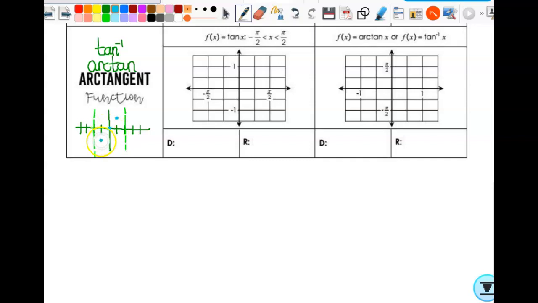Negative pi fourths, I'm at negative 1. 3 pi fourths, I'm at negative 1. Pi, I'm at 1. So here's my parent function here. Enough of it anyway to figure things out.